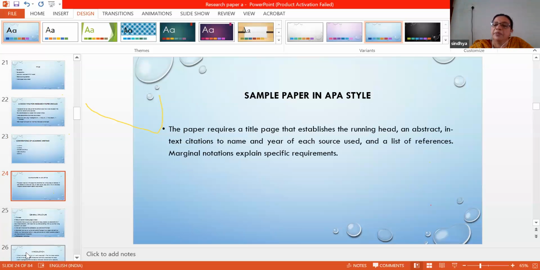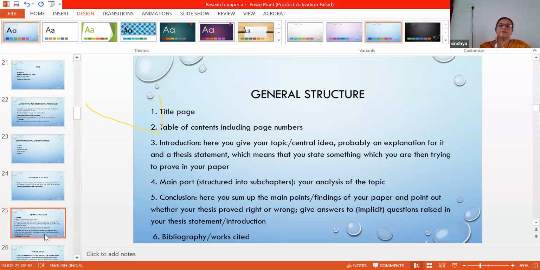So what is a sample paper in APA style? In APA style, the paper itself should have certain stages or steps, a structure. There must be a title page, and a table of contents including page numbers. Usually this table of contents we can avoid in a research paper; it is with respect to a research document or a thesis.